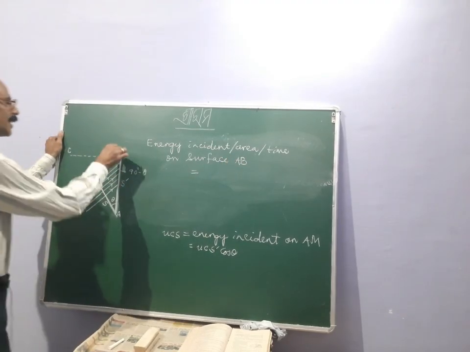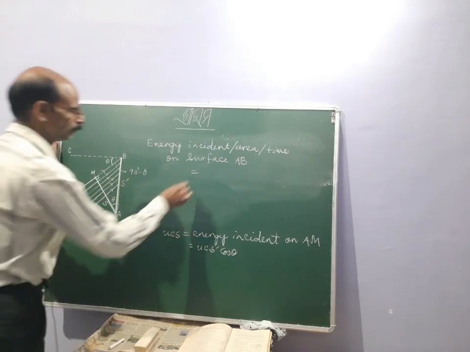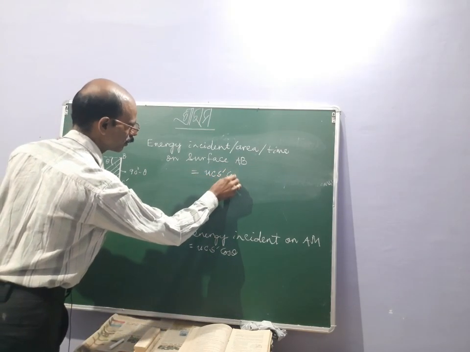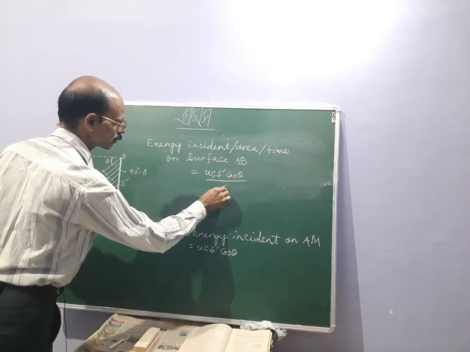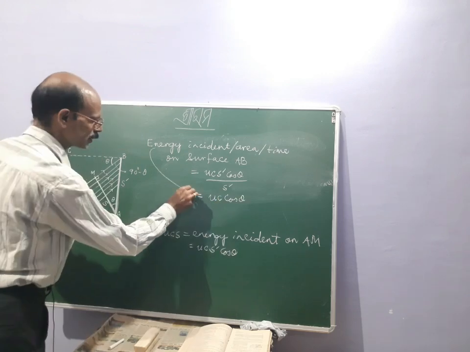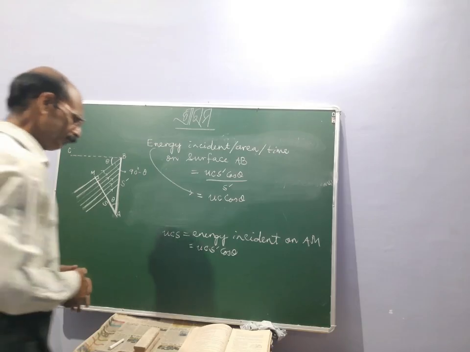This is energy incident for the whole area. So per unit area we will divide by S dash. So UC S dash cos theta divided by S dash will be UC cos theta, on the surface AB per unit area per unit time.